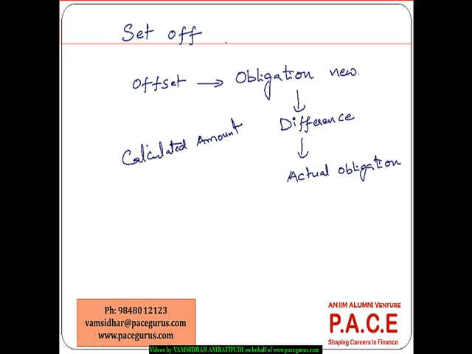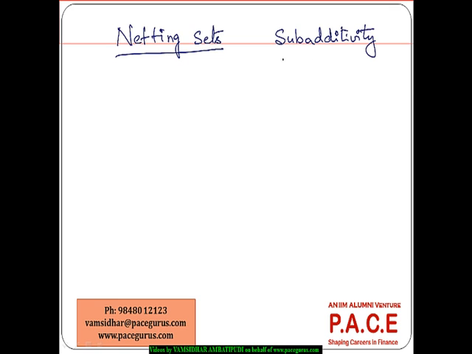All right. So the next aspect I want to talk about is the concept of netting sets, groups, and the kind of sub-additivity that exists within the groups and across the groups. How sub-additivity plays a role within the group and across the group.